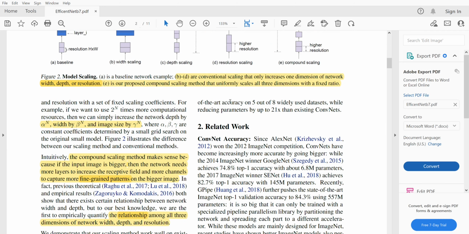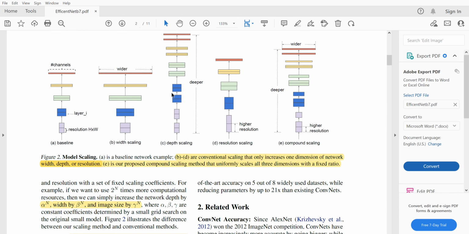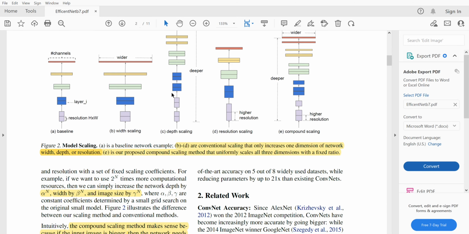Okay, now coming to this section or this graph, let me walk through it. Image A is a baseline network example, a conventional network which has layers and channels.